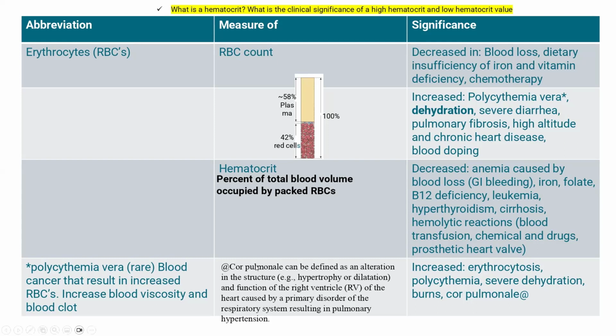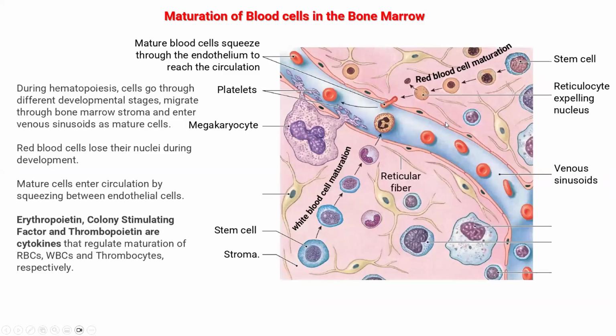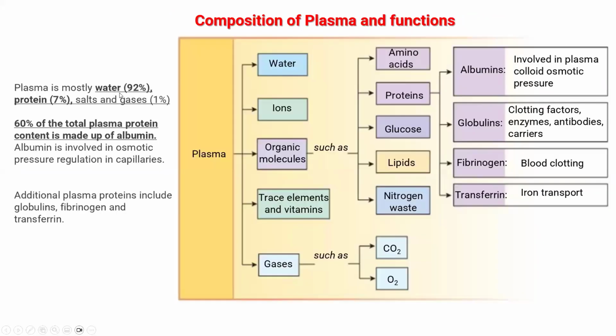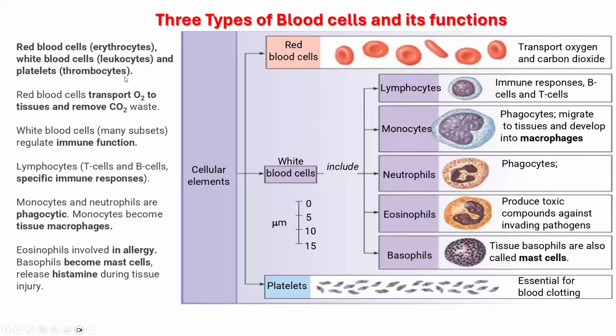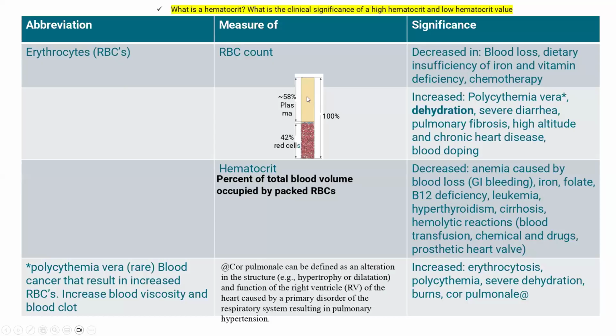So polycythemia vera, dehydration: somebody who is really dehydrated, and we know that water is one of the components of our plasma. So if you are really dehydrated, what will result? You will have an increase in the percentage of red blood cells in relation to the whole blood.